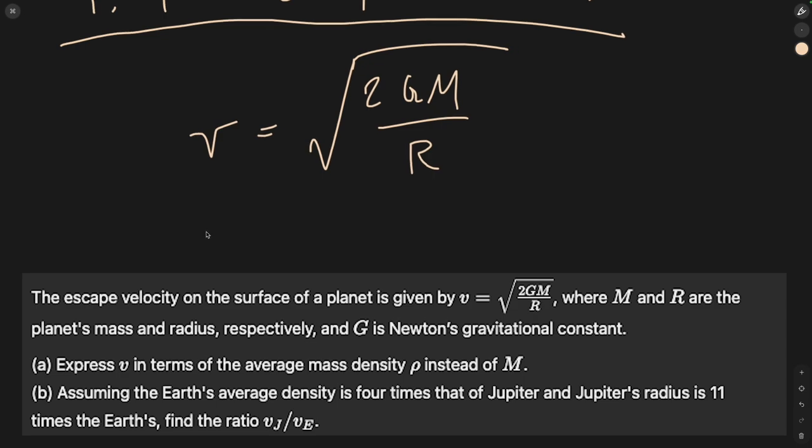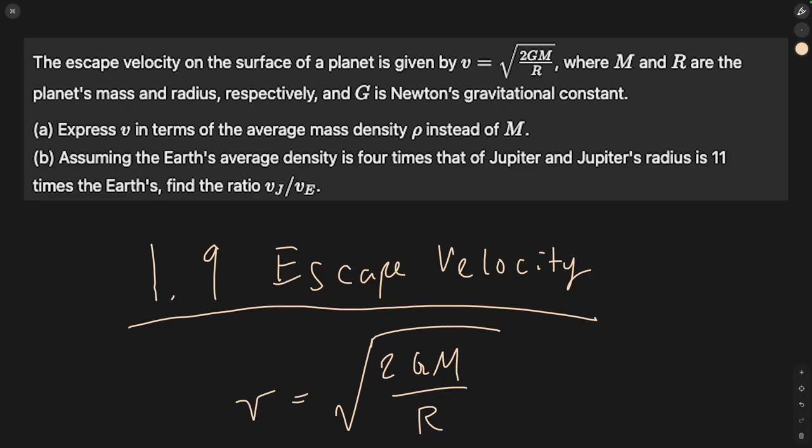So we need to write v in terms of rho, the average mass density, instead of m. All right, so I'll pause here and let you solve part A on your own, and then we'll go to part B, and I'll let you solve part B on your own when we get there. Okay, now I'll provide a hint for part A.